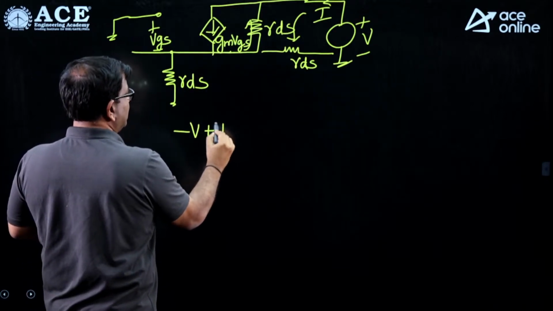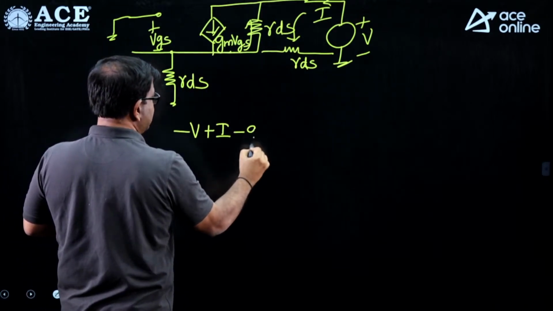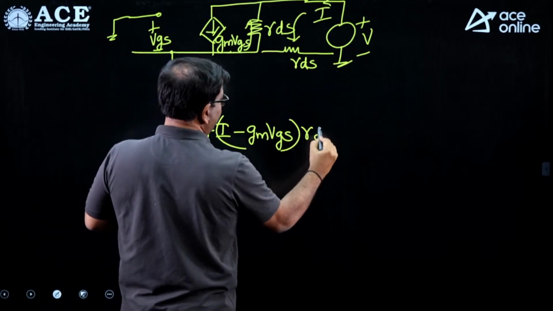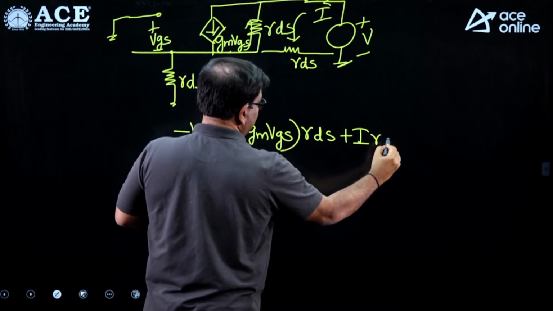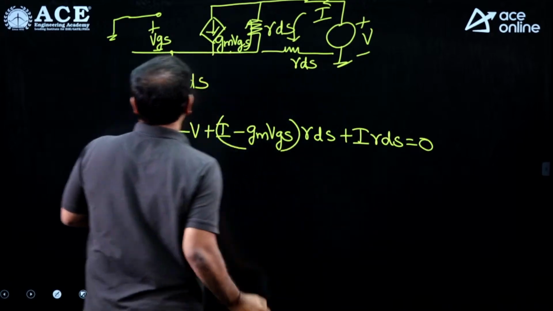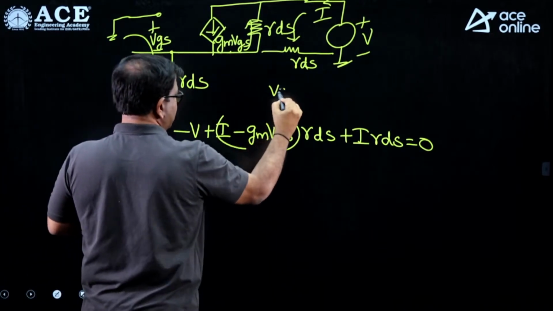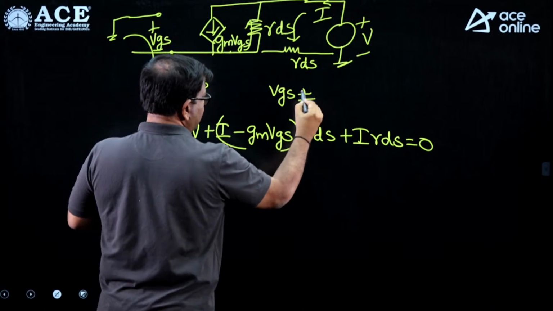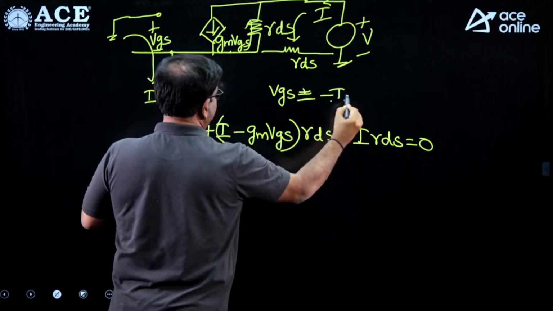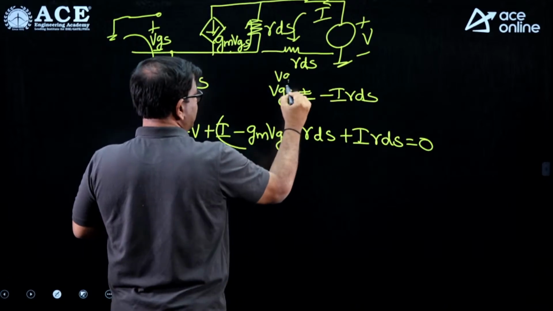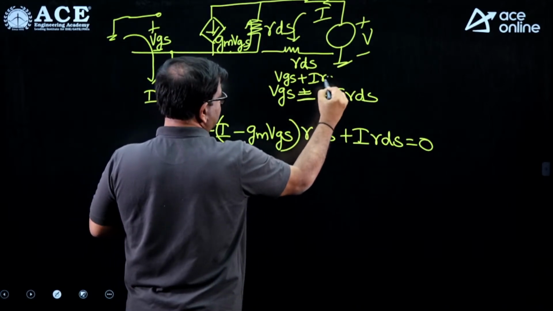Minus V plus I minus GM VGS into RDS plus I into RDS equal to 0. Now if you apply the loop equation here, VGS is nothing but minus I into RDS, because VGS plus I into RDS is 0.